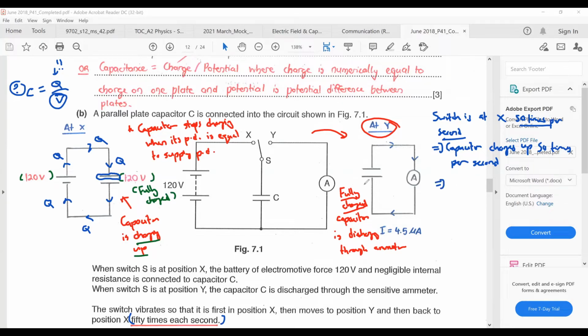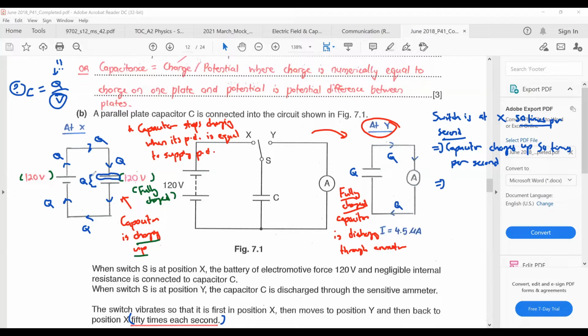Now, you already know just now that when your capacitor becomes fully charged here at switch position X, once it goes to switch position Y, your capacitor will fully discharge. It will discharge through the emitter. Meaning to say, when you first charge up here, you store a charge of, say, Q here. When you go to switch position Y, whatever charge Q that you store here will be discharged through the emitter.